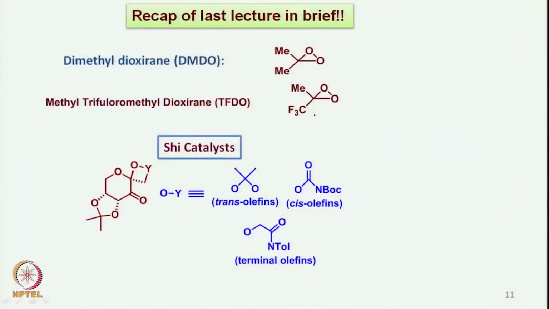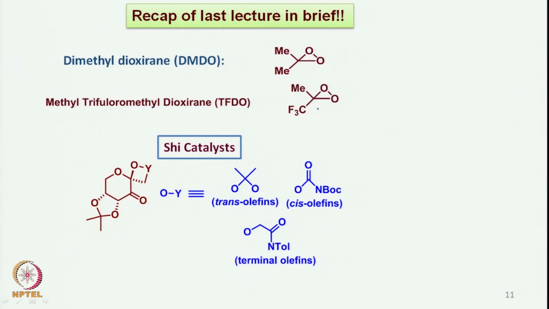Before we continue with wherever we left last time, I would like to have a brief recap of the last lecture. What we discussed in the last lecture was the use of dimethyl dioxirane and some other dioxiranes which are useful for the conversion of olefins to the corresponding epoxide.